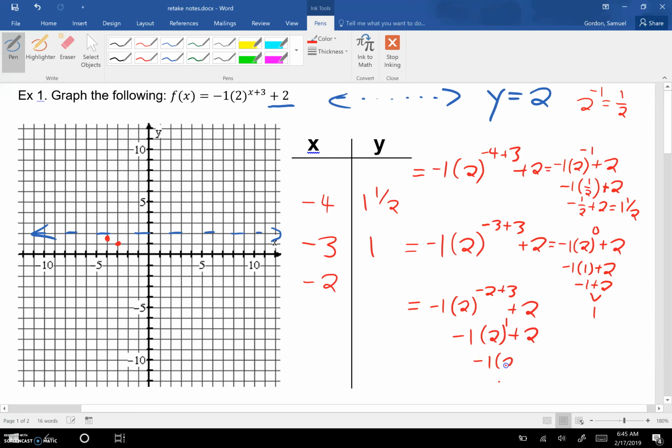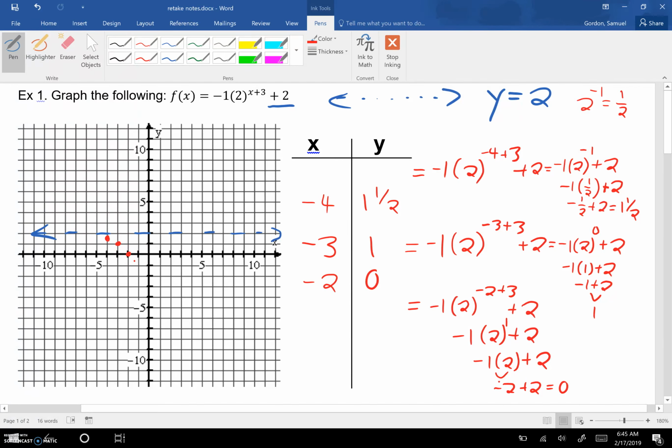So that's negative 1 times 2 plus 2, which is negative 2 plus 2. That's just 0. So negative 2, 0. Now I can start seeing the shape of this thing.